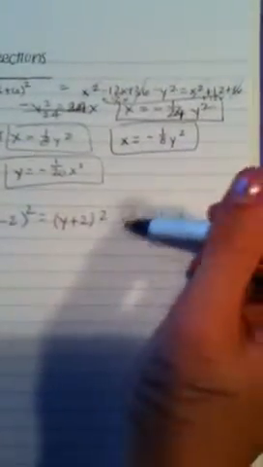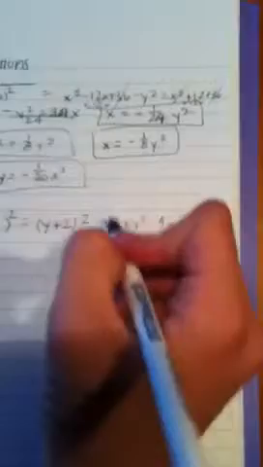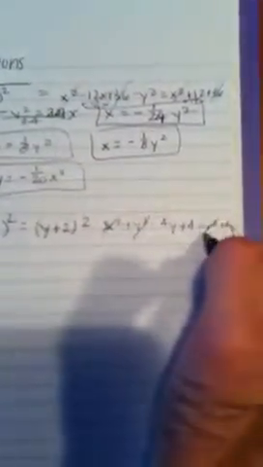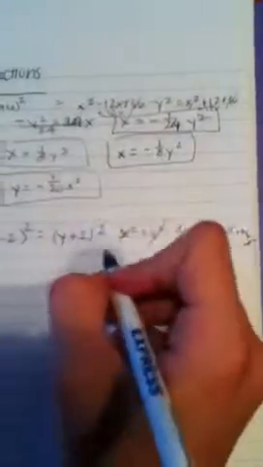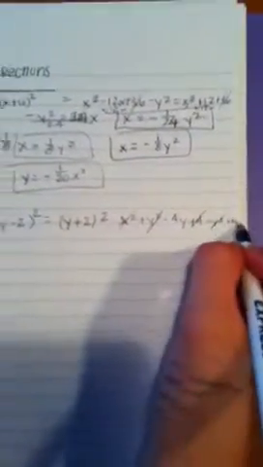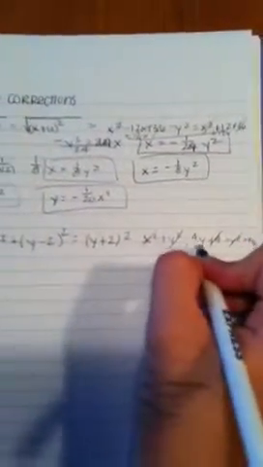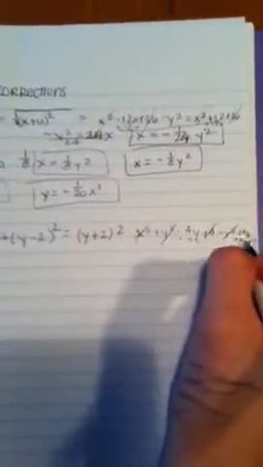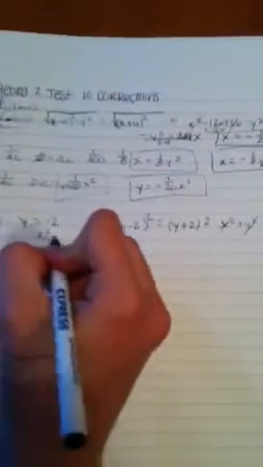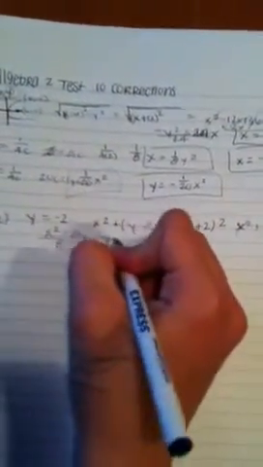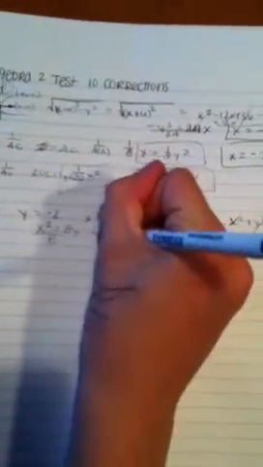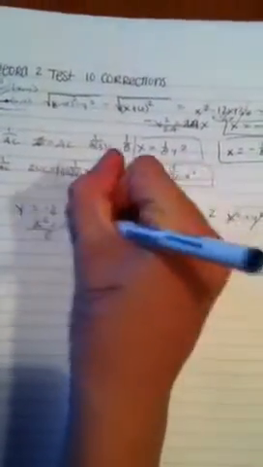Then you can cancel out the y squared and the 4, and you keep x squared. So you have x squared minus 4y is equal to 4y, so you'd add 4y to both sides. So you have x squared is equal to 8y. Divide by 8, y is equal to 1/8 x squared.